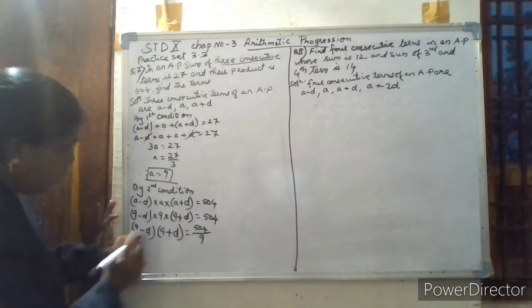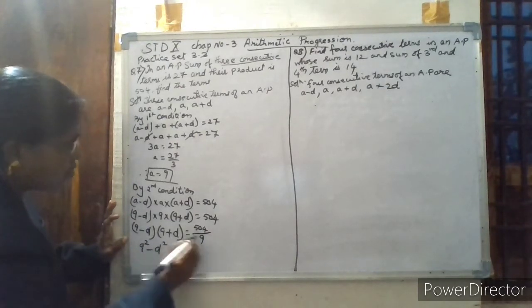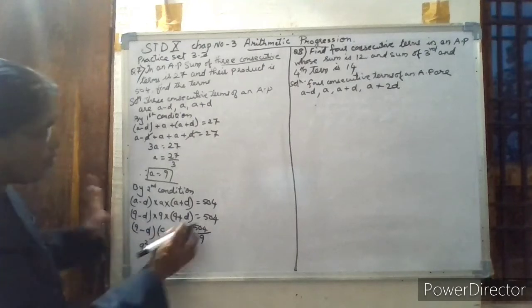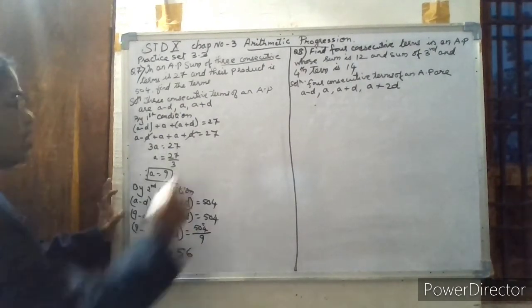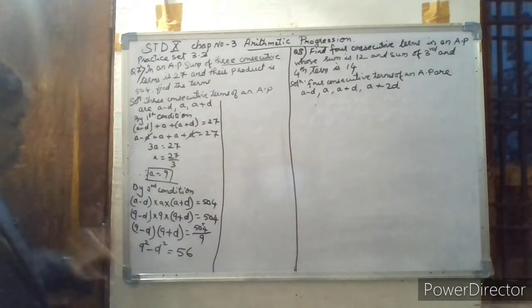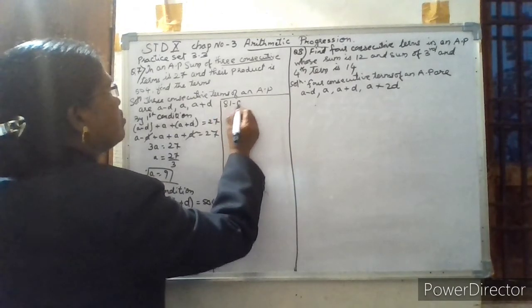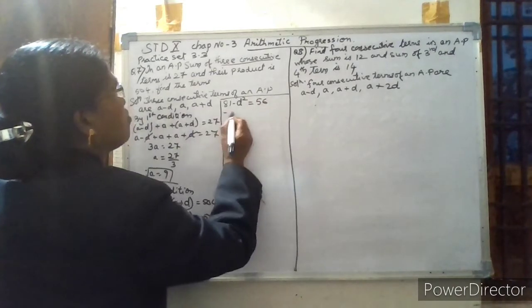So it is 9 square minus d square is equal to 504 divided by 9. 9 5s are 45, 45, 5 is left. 9 6s are 54. So 56. 9 square is 81. So 81 minus d square is equal to 56.